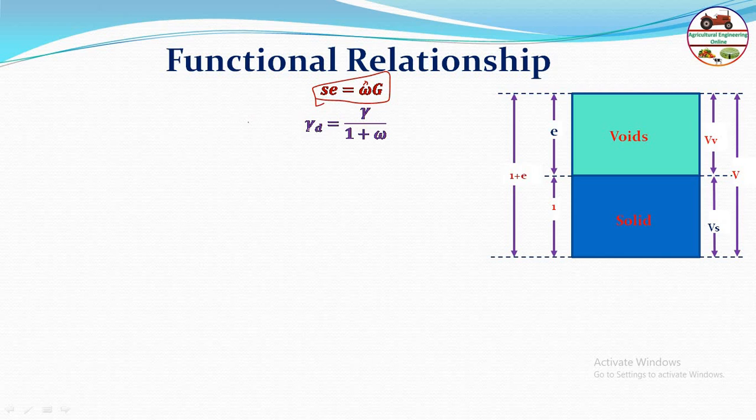Remember, this is the relationship between the dry density and bulk density also, because the unit weight and density are interrelated with G. Then also the reverse: the bulk unit weight can be calculated from the specific gravity plus the degree of saturation into void ratio, and also unit weight of water, divided by 1 plus E.